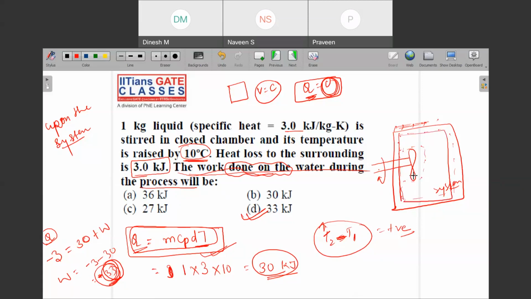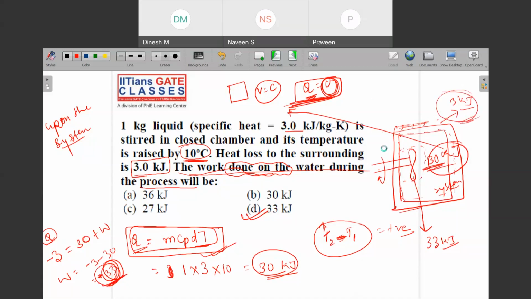So this stirrer is giving you work of 33 kilojoule, and 3 kilojoule of this is lost to the surrounding and 30 kilojoule is left with it. So out of the 33 which you supplied, 30 is used to raise its temperature, and 3 goes into the surrounding.